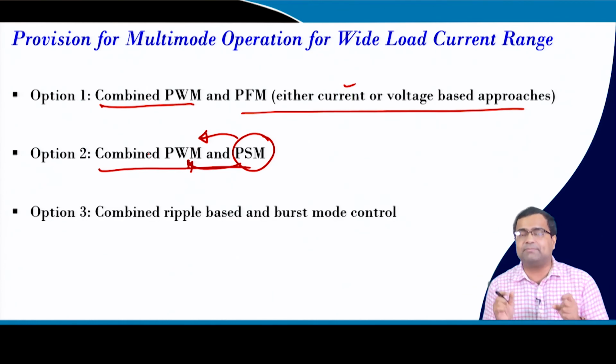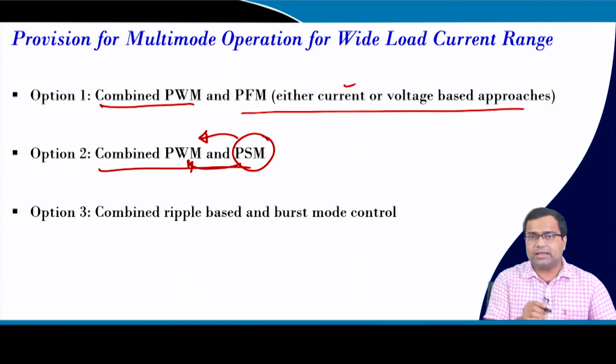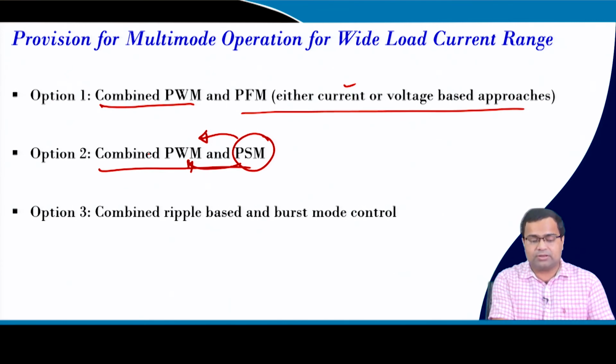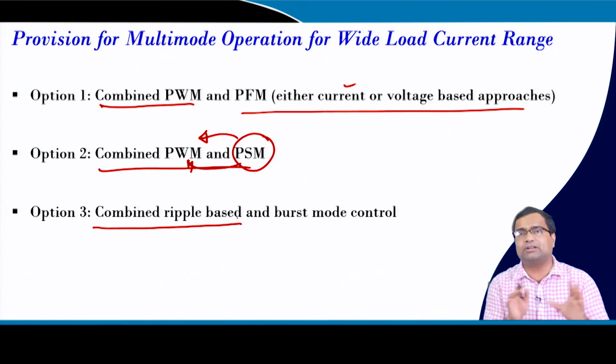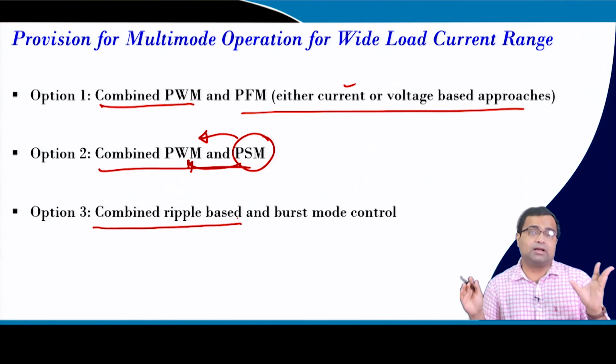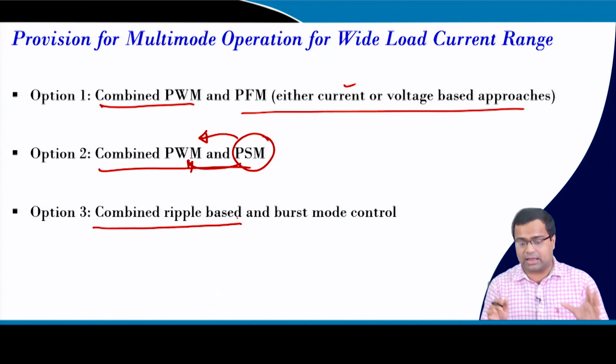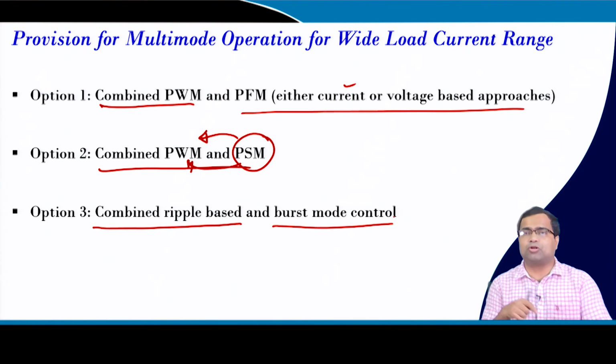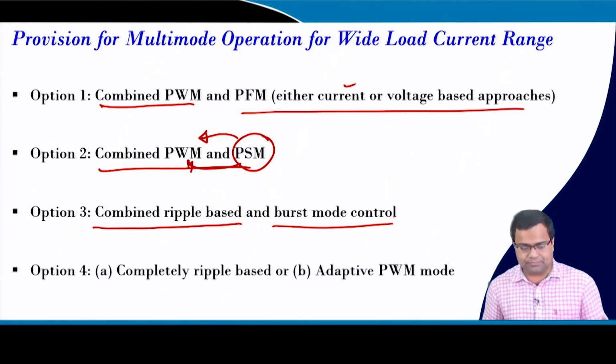Then combine ripple based and burst mode control. That means if you use purely ripple based, let us say voltage hysteresis based control, then it will purely operate in voltage hysteresis mode under nominal load current, and when you go to light load, in addition to ripple hysteresis control, we can introduce some burst mode operation, that means PWM clock.